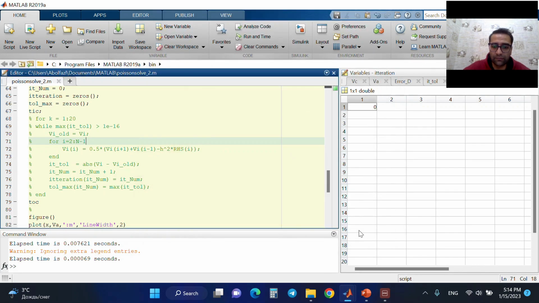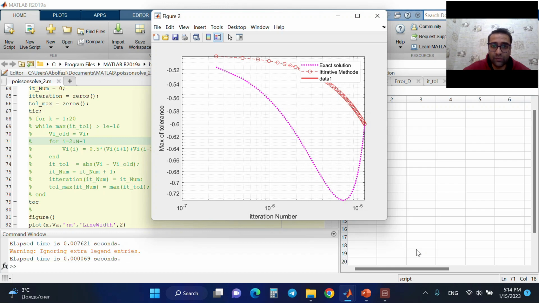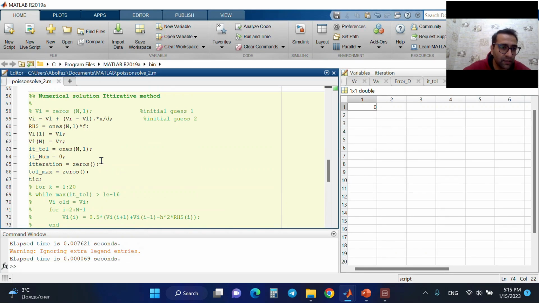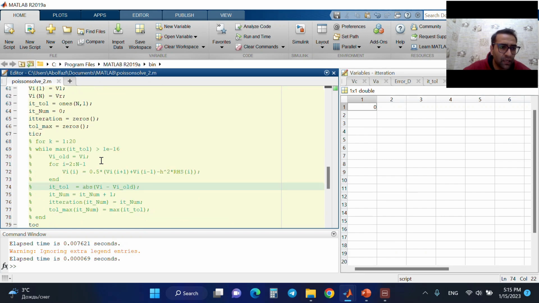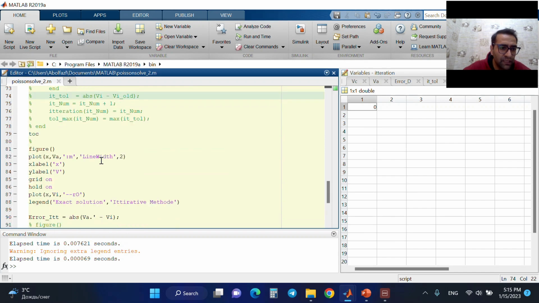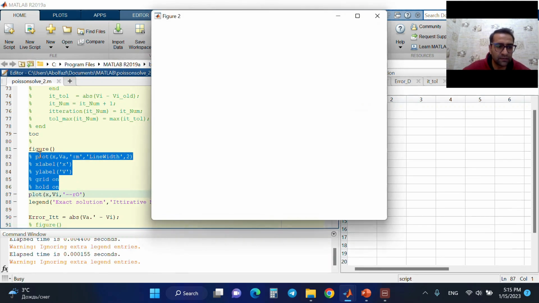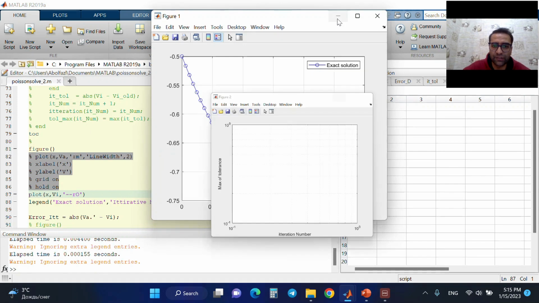Figure 2, exact solution. Something is wrong, I think. It's VI. I just disabled it. Let me disable this analytical solution and look at the initial guess.